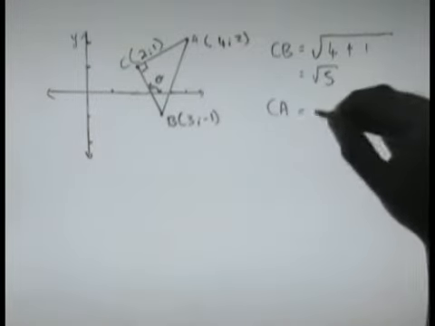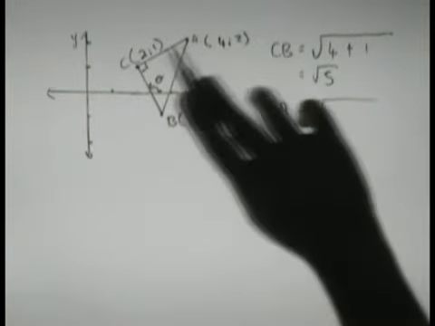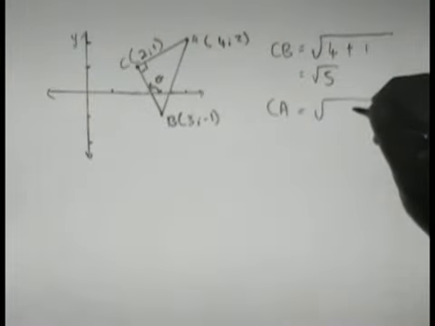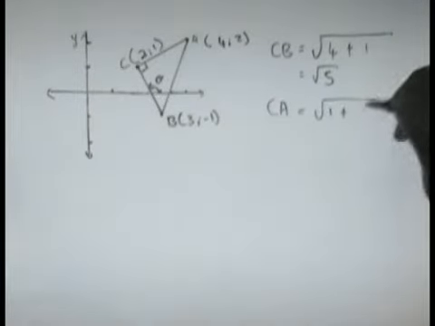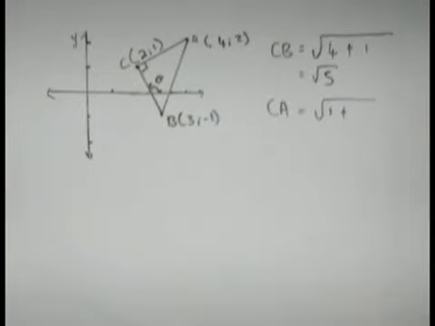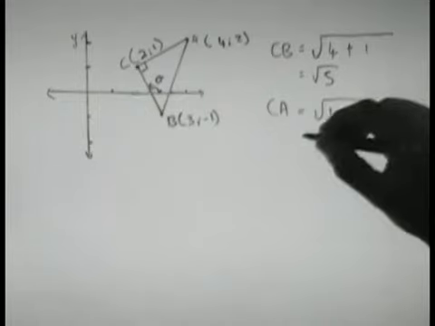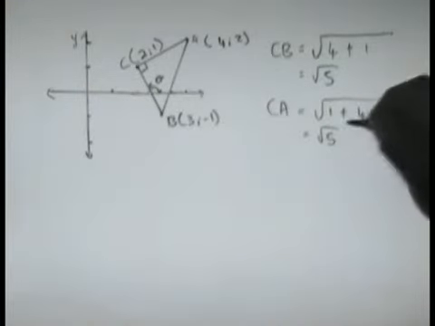Distance CA is going to be given by y2 minus y1, which is 2 minus 1, which is 1, squared is 1, plus x2 minus x1, 4 minus 2 is 2, squared is 4, which is also going to give us root 5.